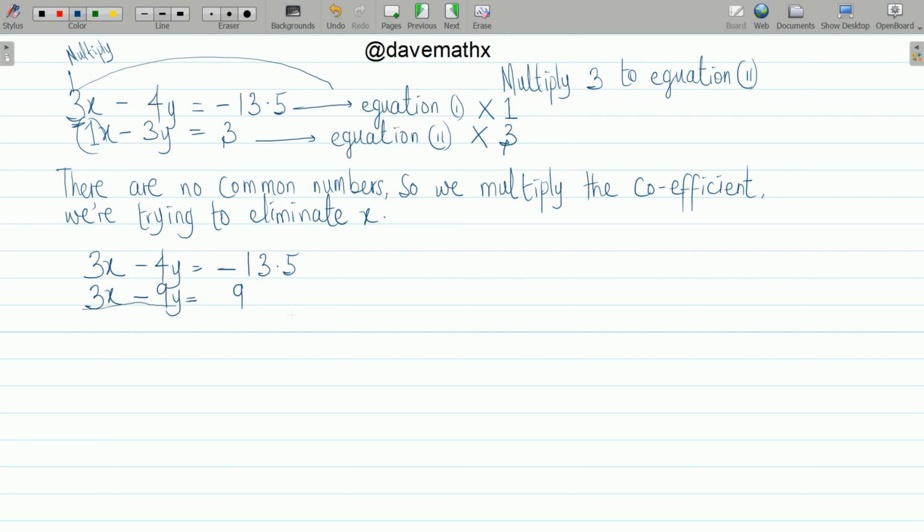Then, we use subtraction to eliminate. Three x minus 3x equals 0. Then minus 4y minus 9y becomes minus 4y plus 9y because minus times minus is plus. So minus 4y plus 9y equals plus 5y.